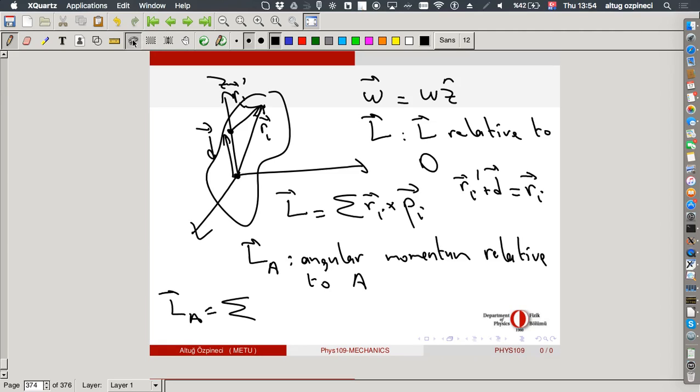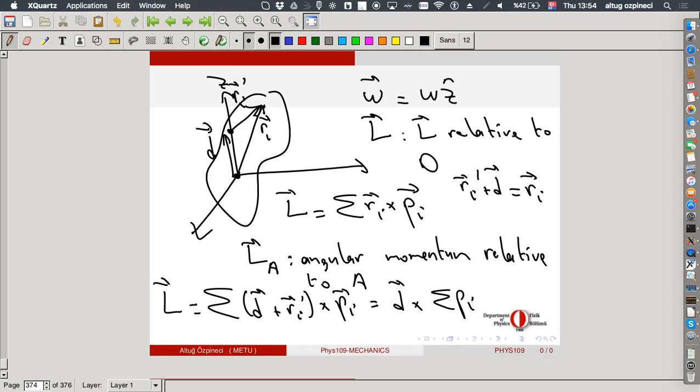So let's see, even before this, let's see what L is. L will be equal to Ri, which is D plus Ri prime, cross Pi. This is equal to D cross the sum of Pi plus Ri prime cross Pi.